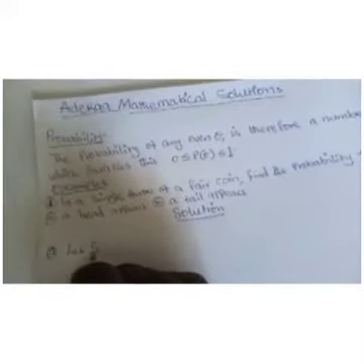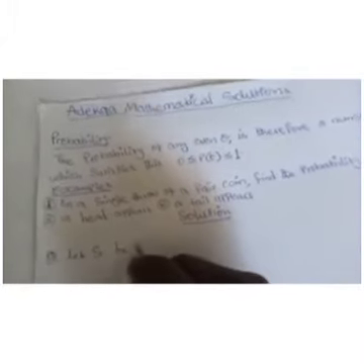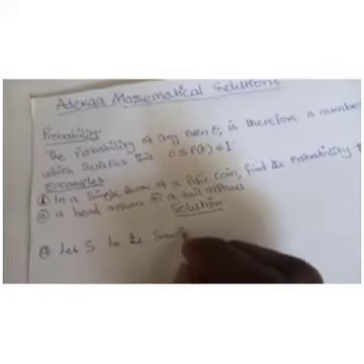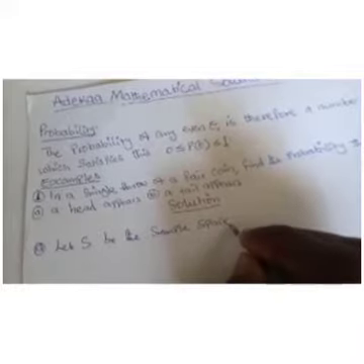Let S be the sample space. Then we are going to bring out the sample space of a throw of a coin.